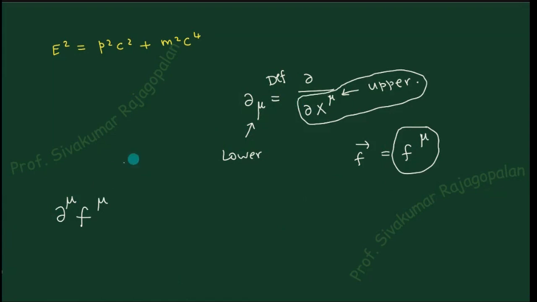Both of them are upper, and this is not a summation. For the divergence, summation is required, right? First component plus second component plus third component. Because the summation rule should also be included when you are doing this kind of work, that is the reason why this is defined as a covariant derivative. So covariant derivative equals the partial derivative with respect to the contravariant vector. That is how you have to understand.